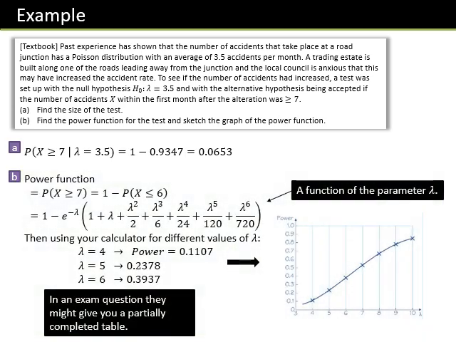So if we have a look here, we're looking at 1 minus the probability that X is less than or equal to 6. We're just then going to substitute different values in for our value for lambda. So we do it with 4, we do it with 5, we do it with 6. And then we plot these values to look something like this.